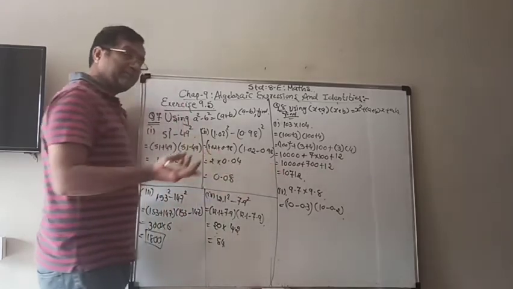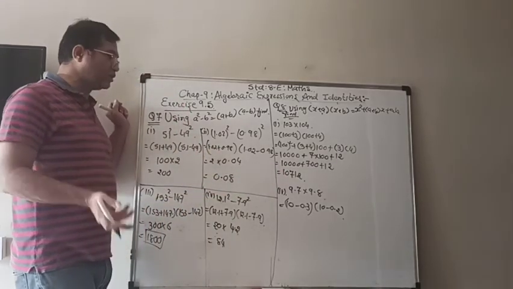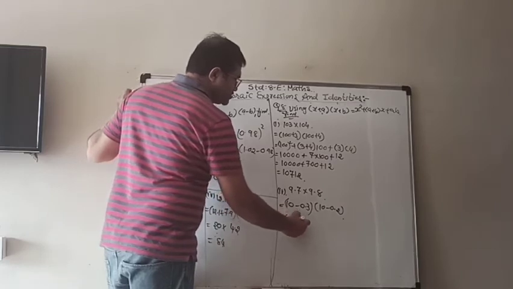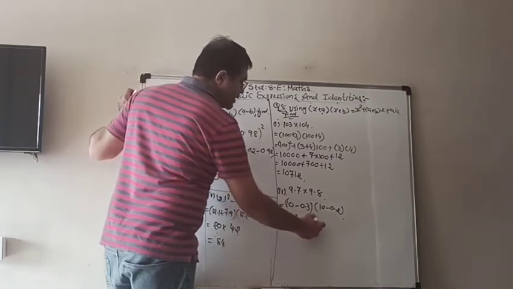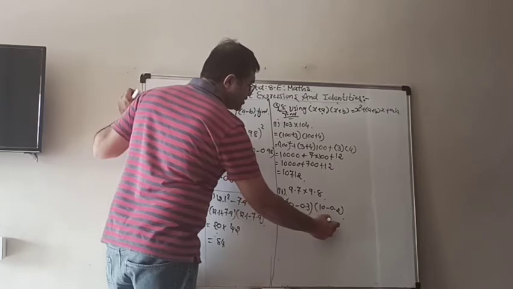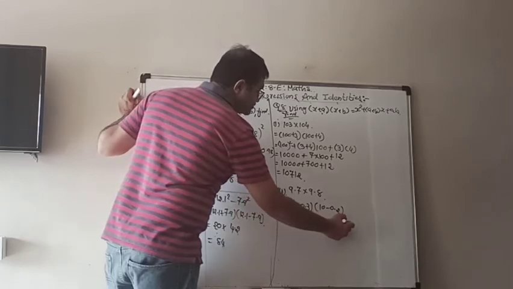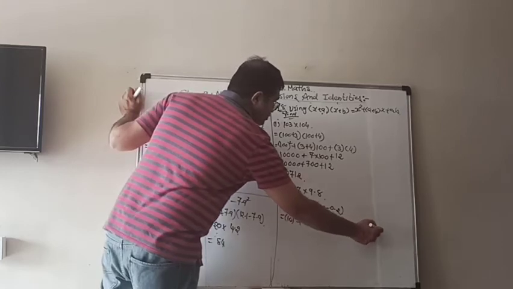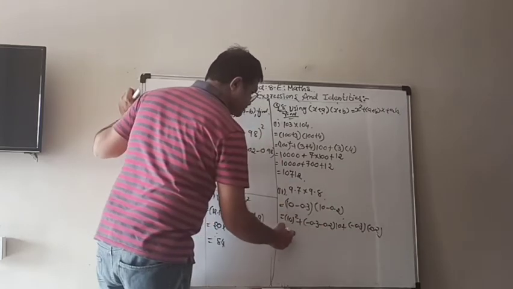If you want, you can use 9 plus 0.7 and 9 plus 0.8 also. But when you use 10, it is easier. So 10 square plus minus 0.3 minus 0.2 into 10 and plus minus 0.3 into minus 0.2.